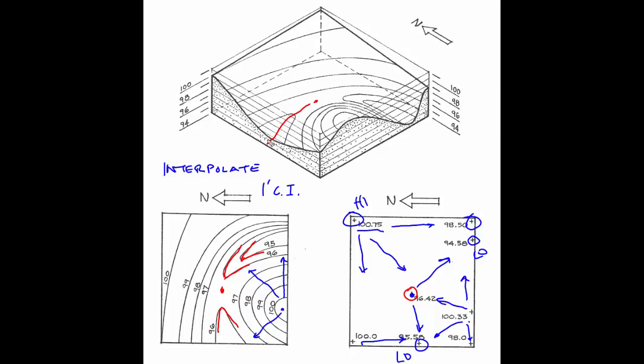Well, notice the flow line goes right through the lowest point, doesn't it? You can see that as I draw it up here. So the flow line, that is the bottom of the waterway, if you trace that flow line, the contours cross it in a perpendicular fashion, and the points of those V's point upstream.